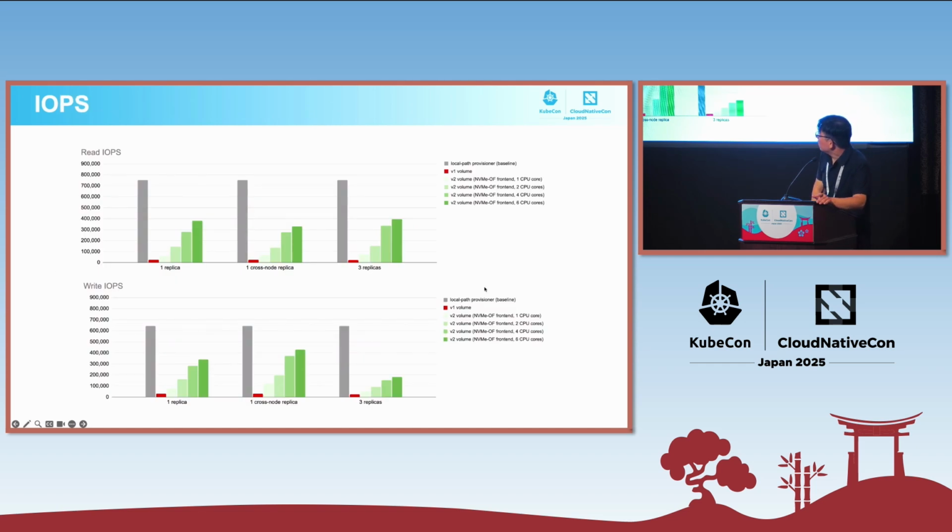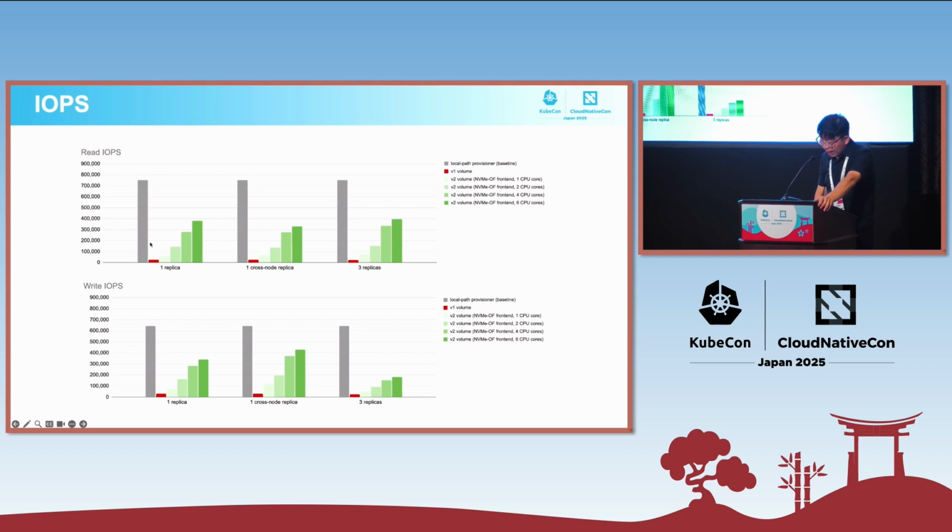Okay, for the IOPS, the first group of bars is the single replica volume. This is the single cross-node replica volume, which means your engine is on node A, but your replica is on node B. And this is the 3 replica volume, so you have 3 replicas.